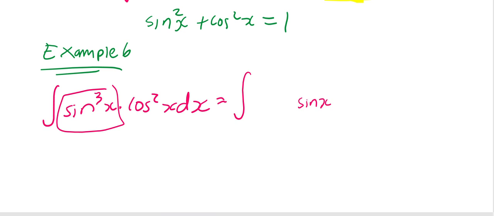The even part has to be sine squared x, so that sine squared x times sine x gives us sine to the power of 3x. So this will be sine squared x times sine x times this cos squared x. Don't forget dx when you're splitting.